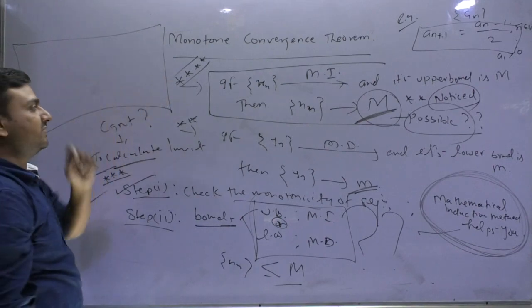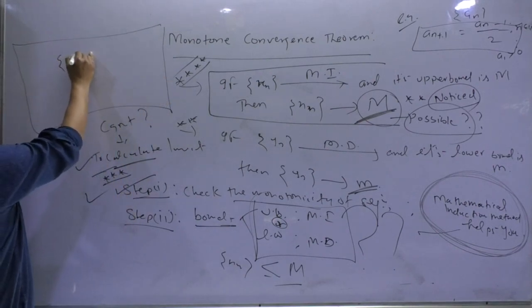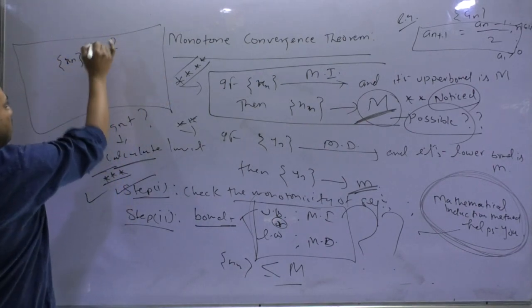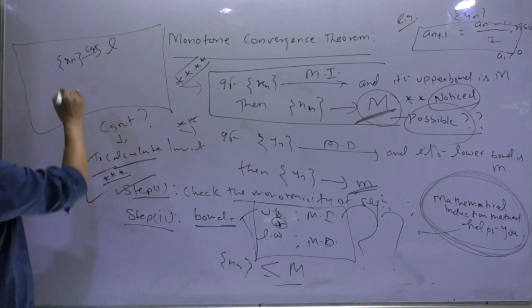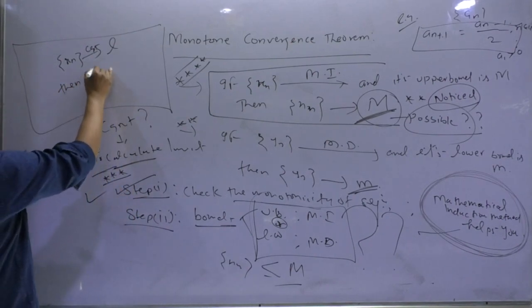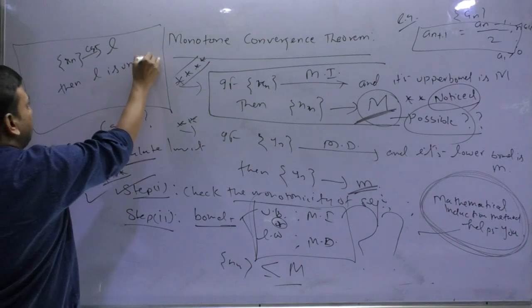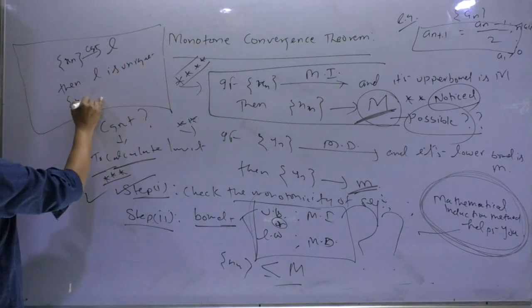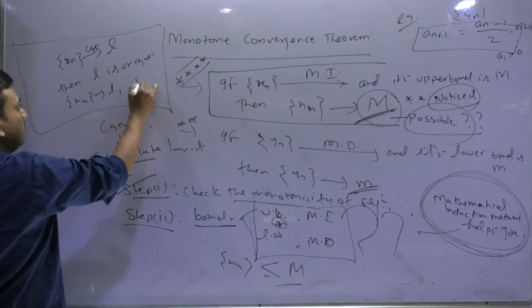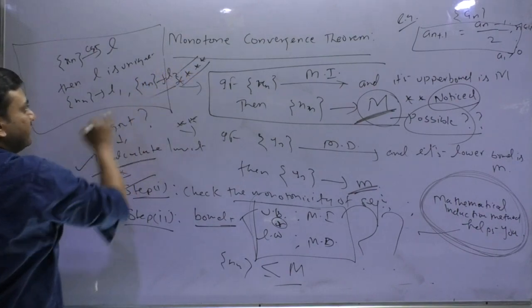Now the very first point which you studied during your college days, that I left there. Now I am discussing that if sequence xn converges to L, then L is unique, meaning a sequence cannot converge to two different limits.